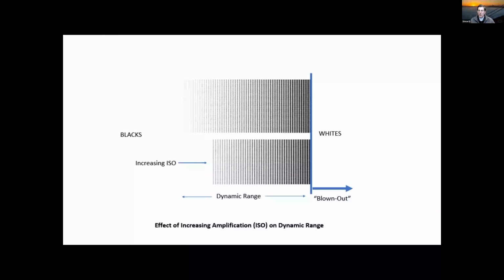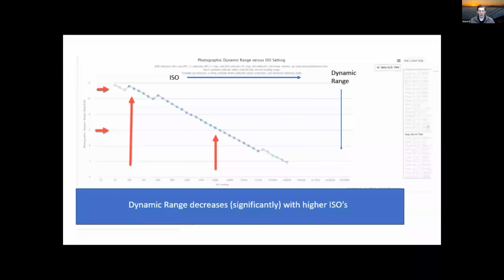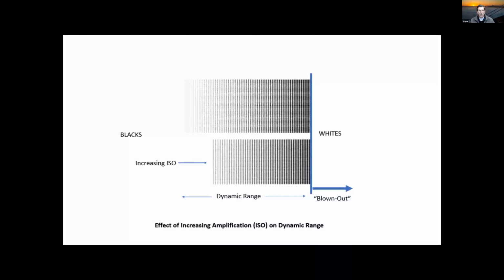What we're doing is we're amplifying the darks. And by amplifying the darks, what we're doing here is we're decreasing the dynamic range that we can capture. So the effect of turning ISO up is there is an effect on dynamic range.